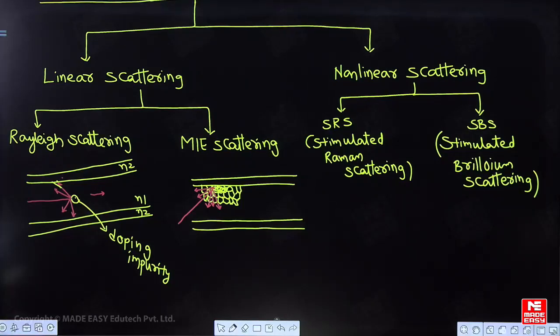This loss due to the diffraction is said to be Rayleigh scattering loss. Okay, right. Next one.